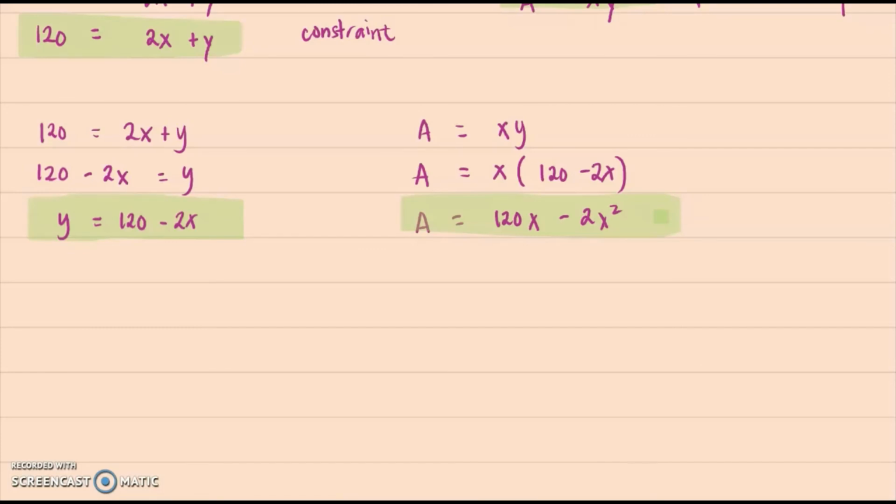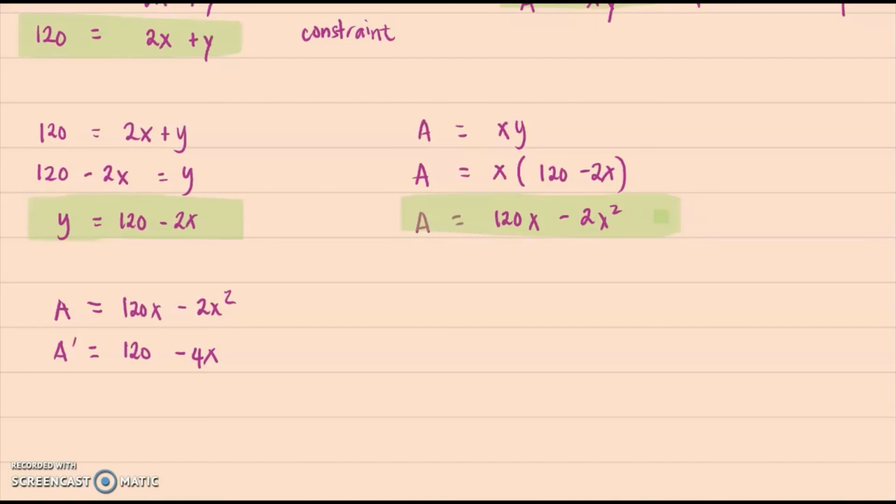Now, continuing, we will find the first derivative of A. We write A prime so we will not be confused. A is equal to 120x minus 2x squared, and then A prime is equal to 120 minus 4x.